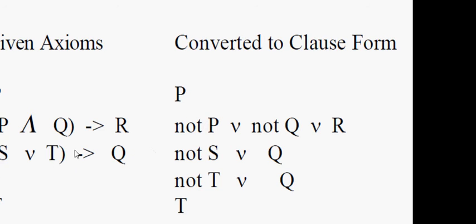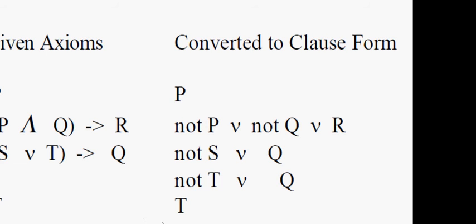Similarly, for S or T implies Q, we'll get a conjunction of two statements: negation S or Q, negation T or Q. Since their conjunction is true, we can assume that they are individually true. That is, negation S or Q is true, negation T or Q is true, and these two statements can be used.